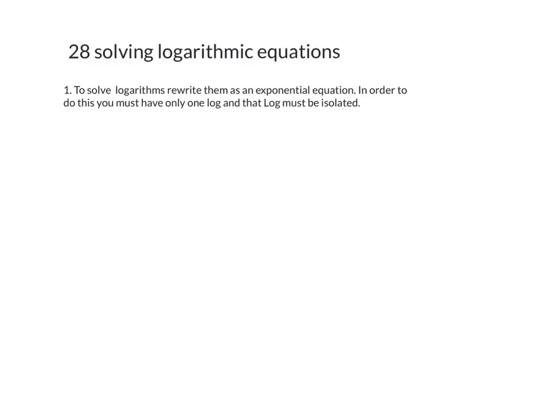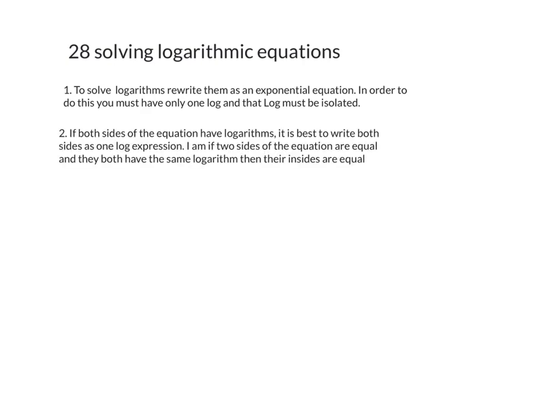So the first way to solve a logarithm is to rewrite that logarithm as an exponential equation. Now there is one other way to solve a logarithm, so let's take a look at that. The second way to solve these logarithm expressions is, if both sides have logarithms, it is best to write both sides as one logarithm expression.